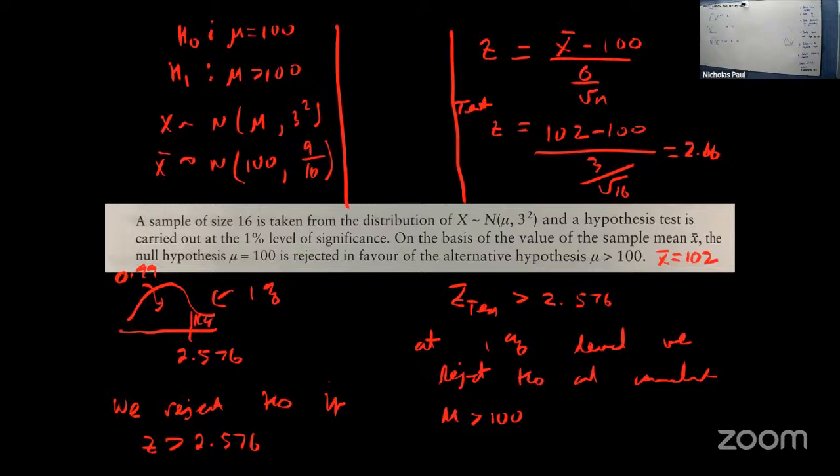Which table to use? The normal distribution. If you did the normal distribution, you look at the 0.99 and see what corresponds to 0.99. It should be 2.576. Hold on, let me see if I can find one in this table again.